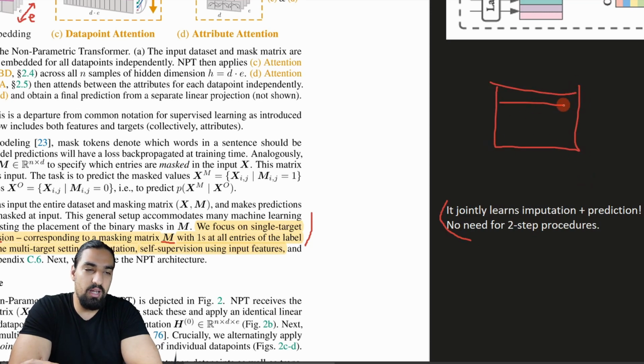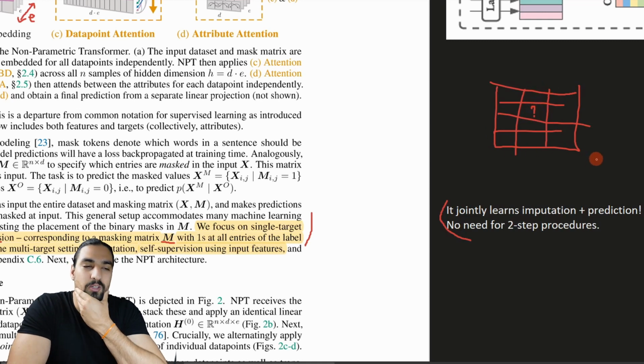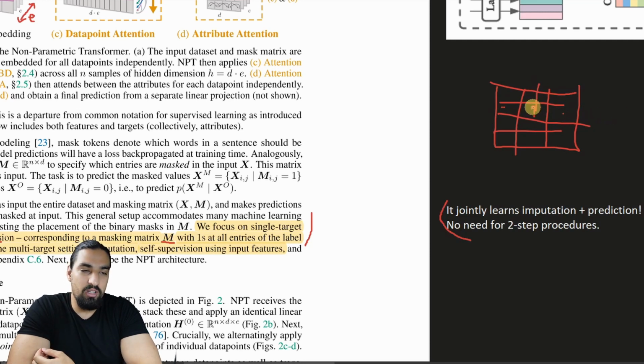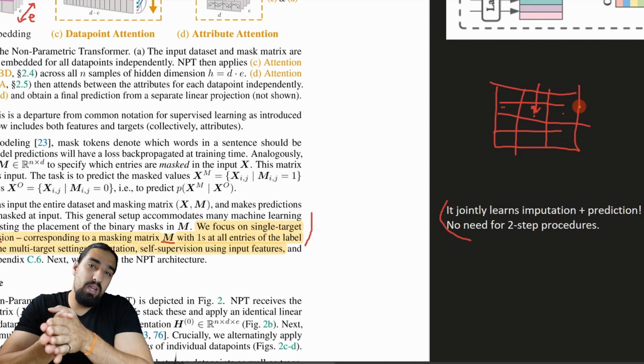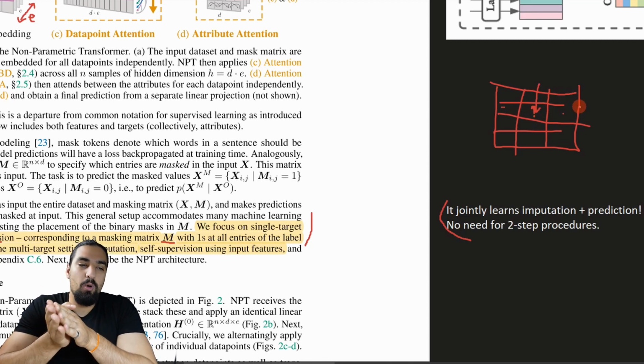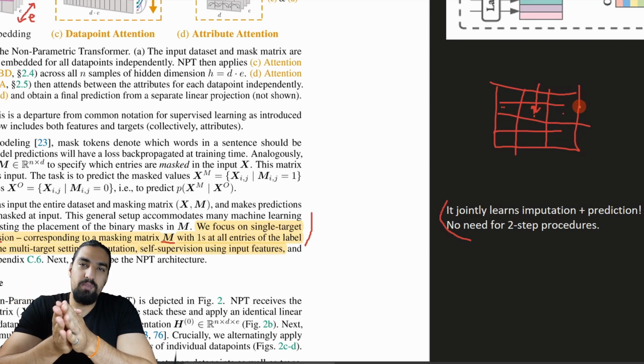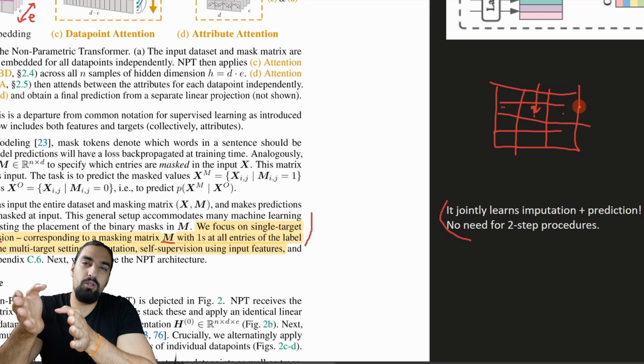If this is your tabular data, and let's assume you're missing some value, and I'll just denote that as a question mark, these algorithms usually have to apply some heuristic, like attending over the same row and finding, I don't know, the mean or median and imputing it right here. Or they can even train a dedicated machine learning model which will learn how to impute those values. Once the imputation is done, that stage is done, now they can only do prediction.